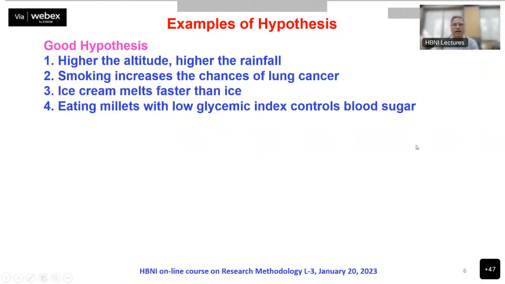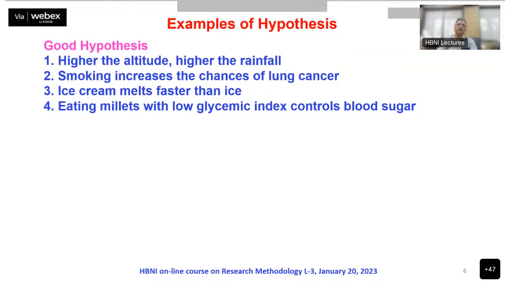So let me give you some examples of a good hypothesis and a bad hypothesis. For example, a good hypothesis is: higher the altitude, higher the rainfall. What can you do to test this hypothesis?